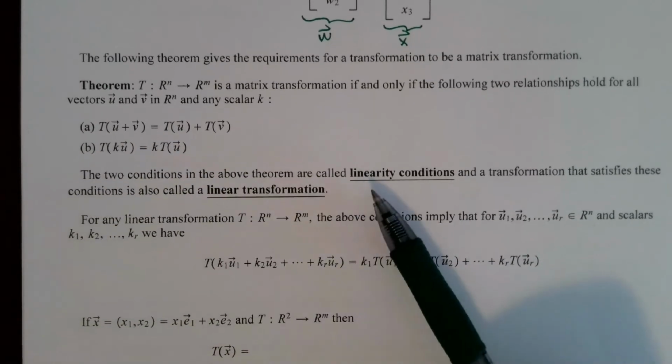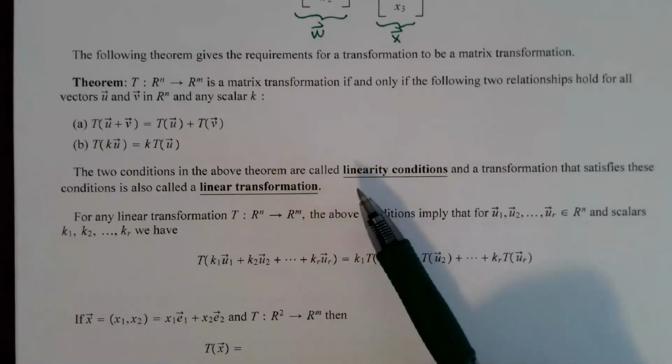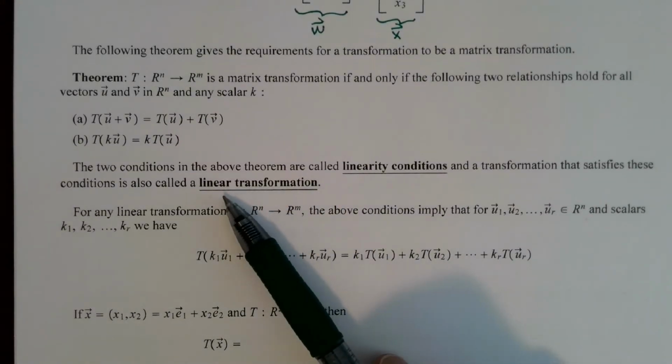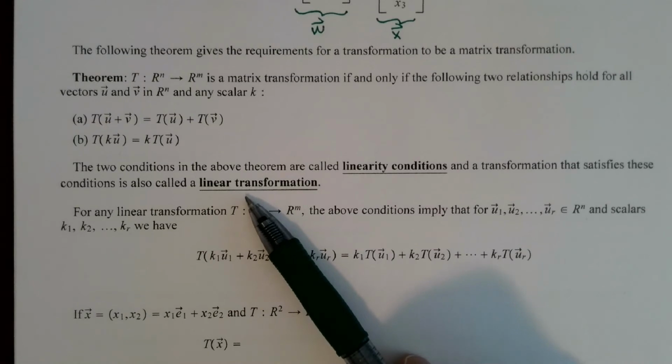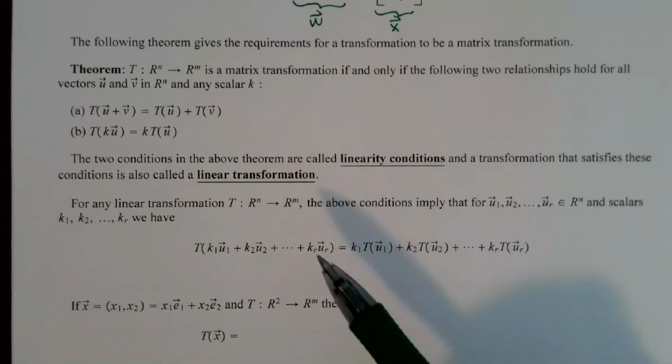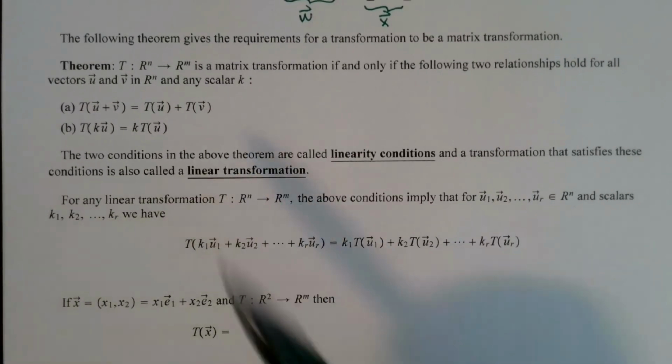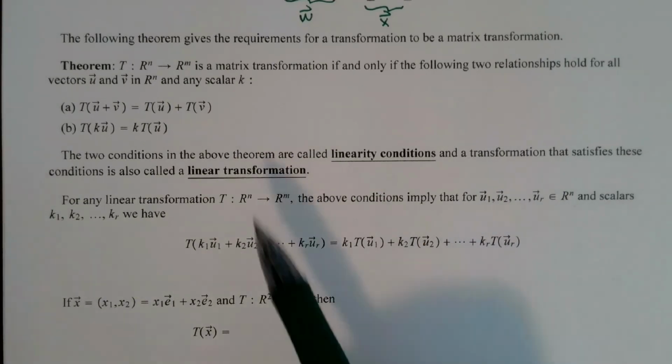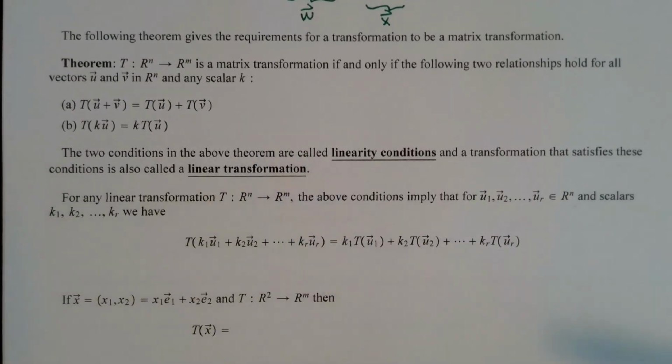These are called the linearity conditions, and transformations that satisfy these are called linear transformations. So we're going to deal specifically with matrix transformations, and matrix transformations are linear transformations. Sometimes we'll use both phrases interchangeably.